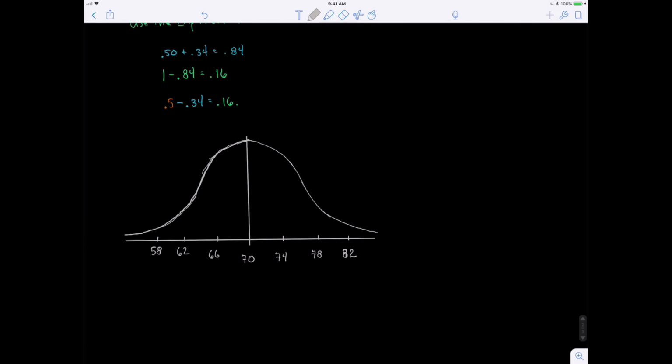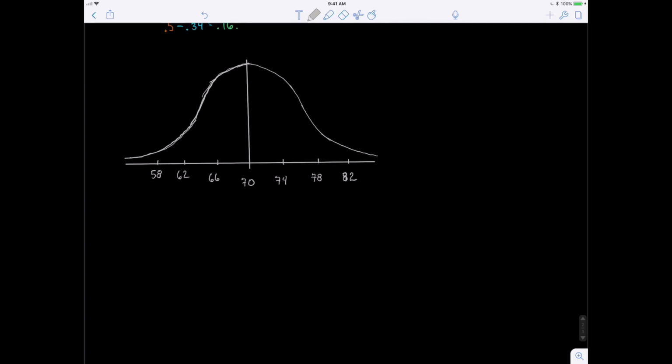And this problem says, 95% of males are found between what heights?